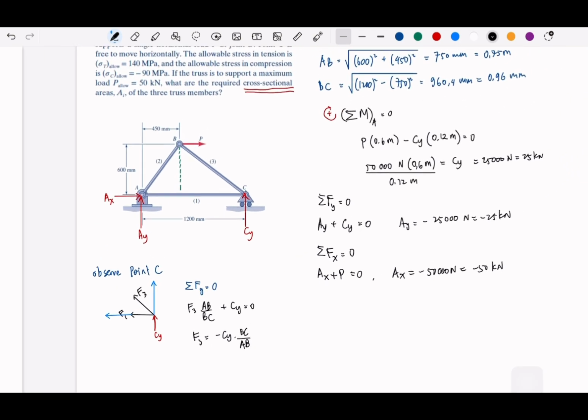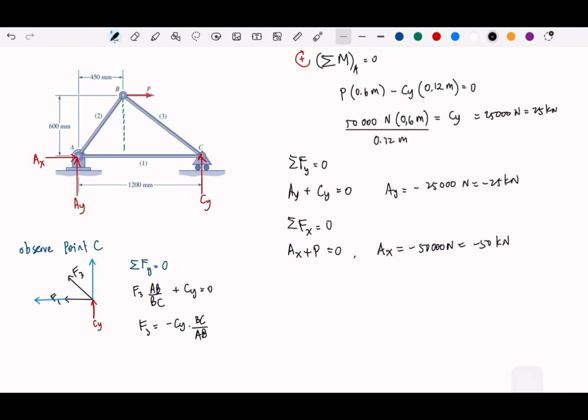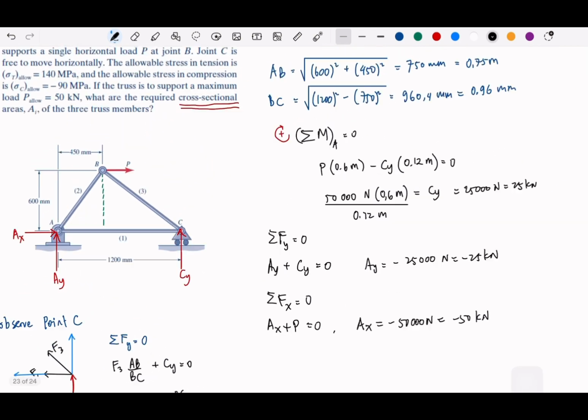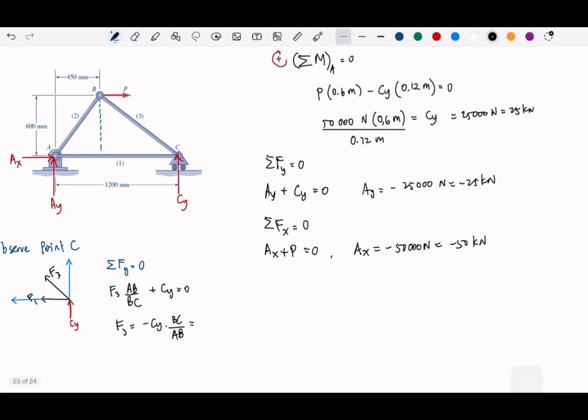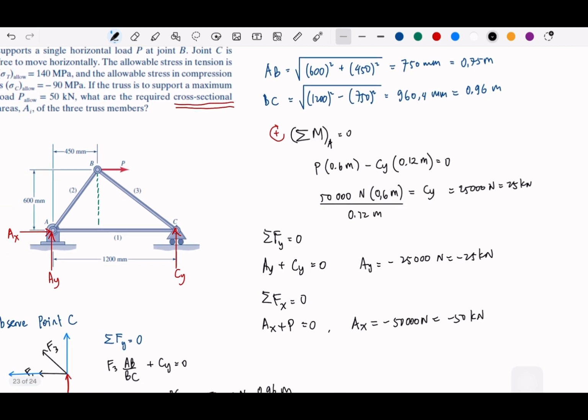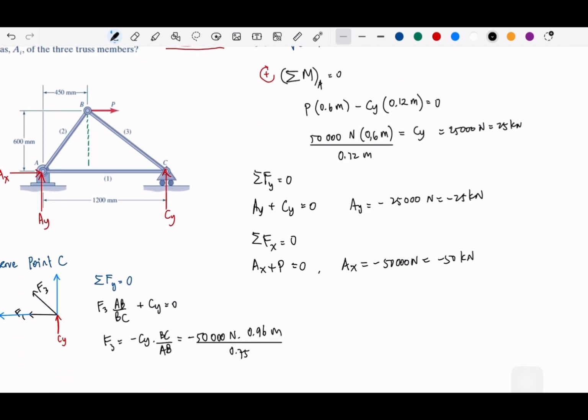BC is 0.96 meter. So this is minus 50,000 Newton times 0.96 meter over AB, which is 0.75 meter.